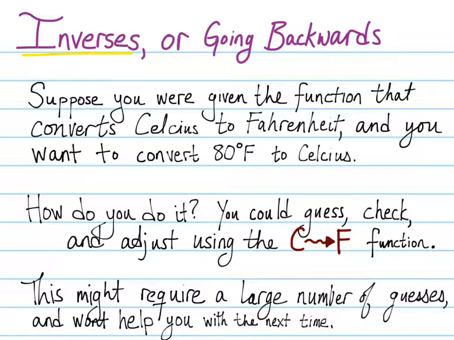So again, you have a friend, and your friend is German, and so they think in Celsius. And you're like, whoa, buddy, I don't understand Celsius. Why don't you speak my language of Fahrenheit? And he's like, okay, here, I'll write down an equation for you. This equation will let me speak in Celsius, and you can understand it. So you say, okay, that's fine.